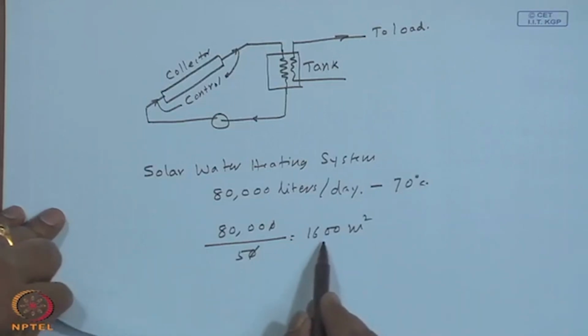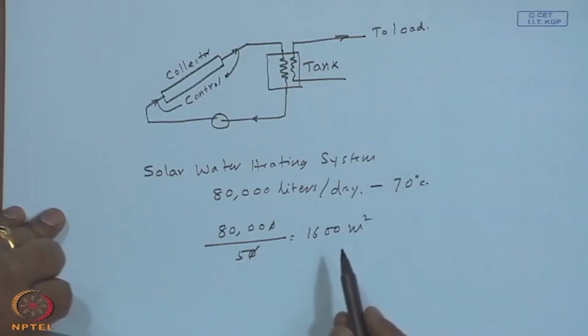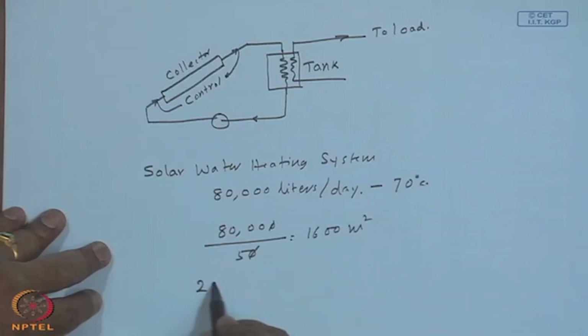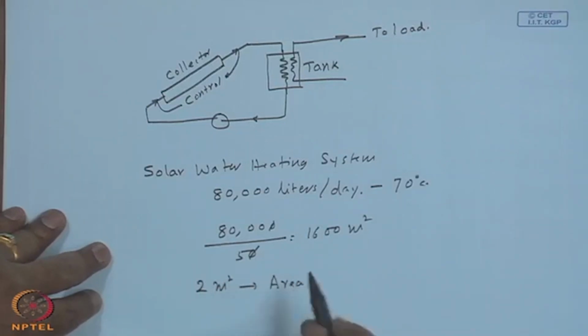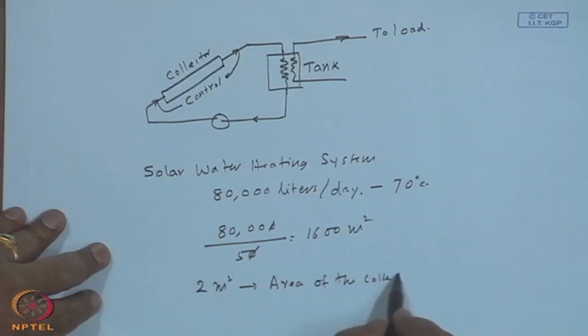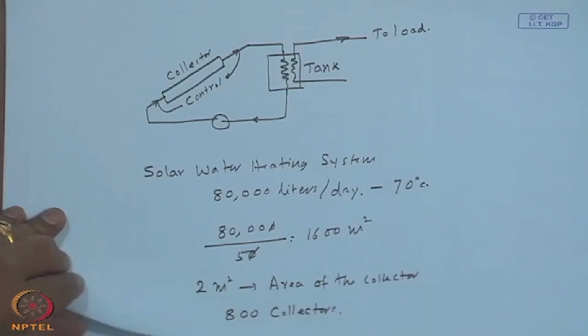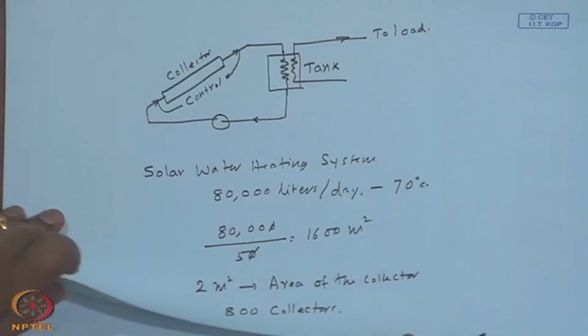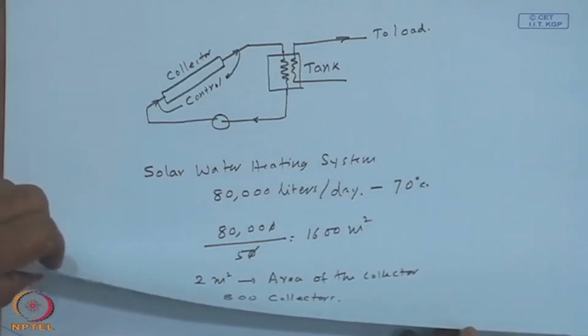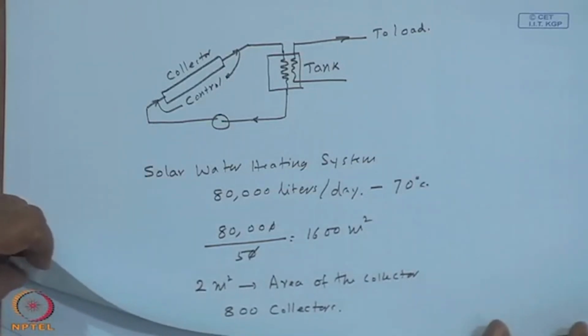So, this comes to about 1600 meter square. So, if you take 2 square meters as the area of the collector, there will be 800 collectors, all of them connected to each other. So, it is not an easy thing to change the slope every day and every month.